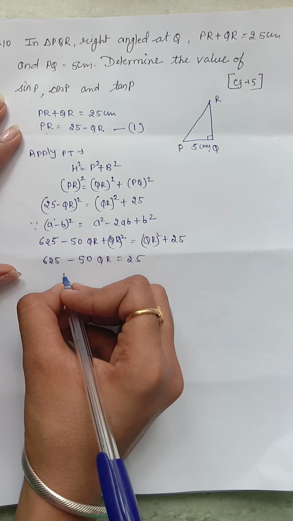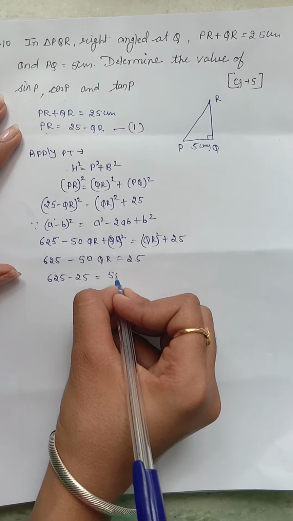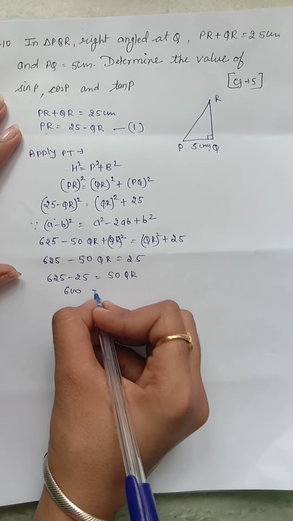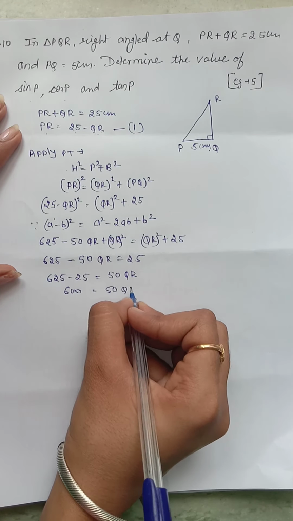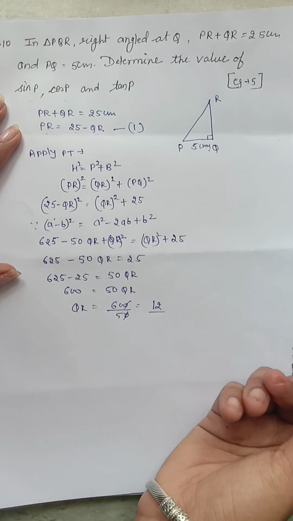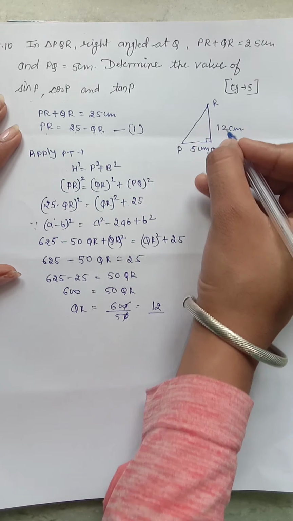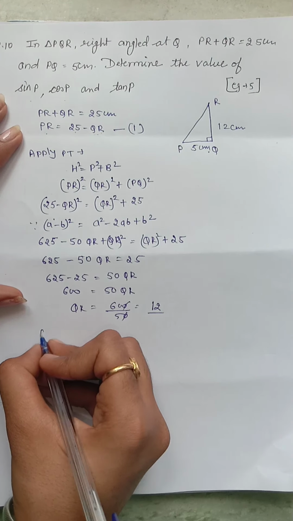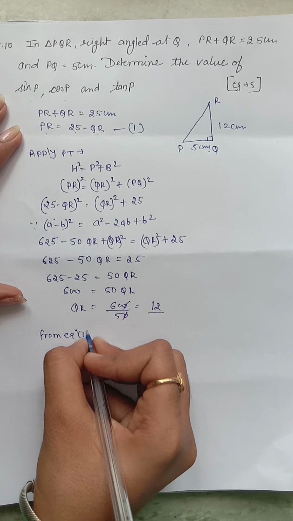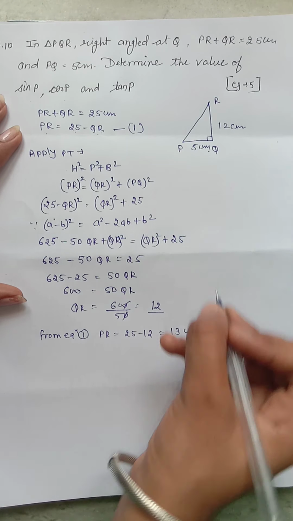We take 50 QR to the right side and 25 to the left side. 625 minus 25 is equal to 50 QR, so 600 upon 50 QR. QR will be equal to 600 upon 50, cut it, 12. QR is equal to 12 centimeter. From equation number 1, PR is equal to 25 minus 12, that is 13 centimeter.